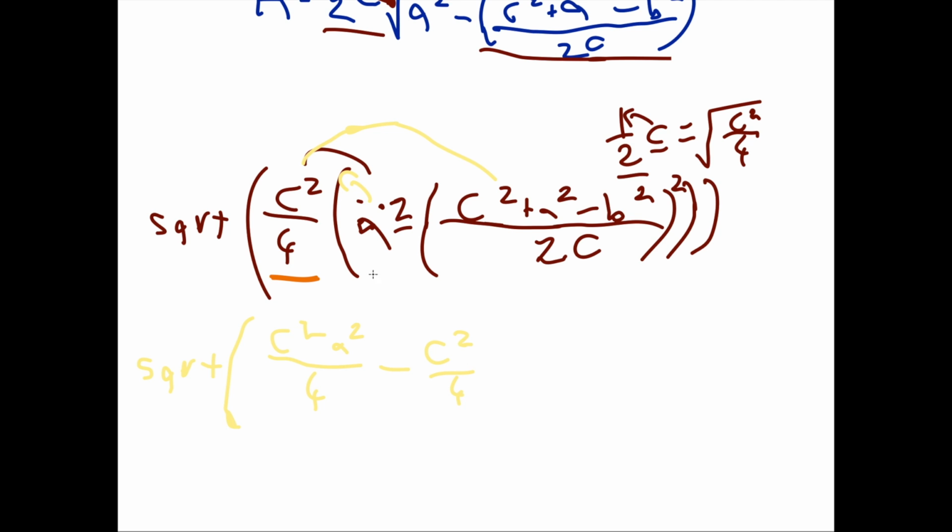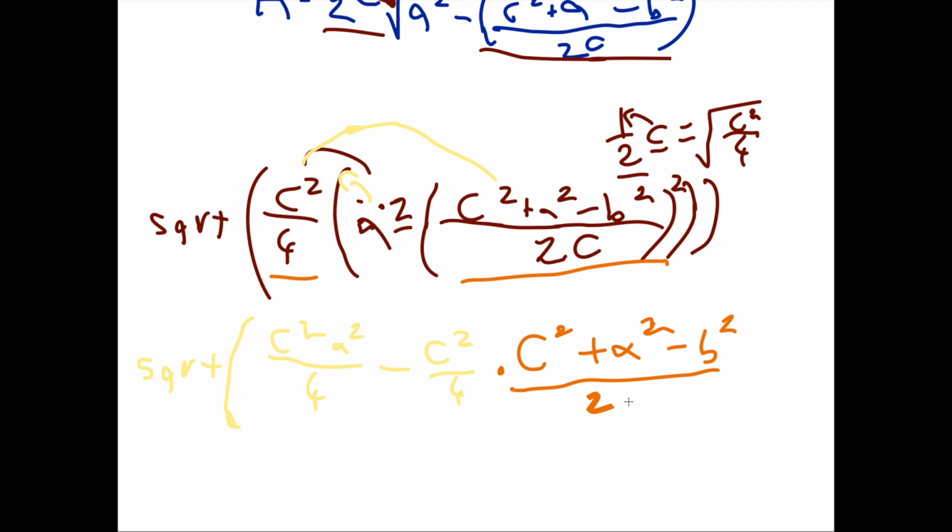Okay, so since it's c squared divided by 4, we're going to multiply here by all this business here. So c squared plus a squared minus b squared divided by 2c, and then square that.